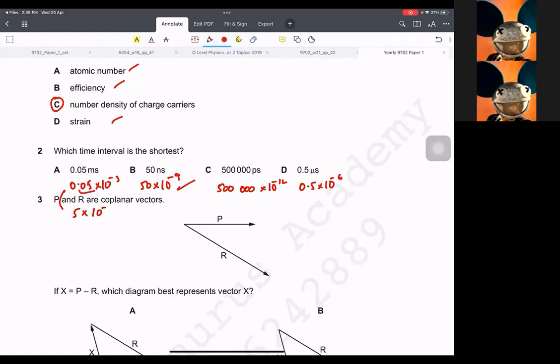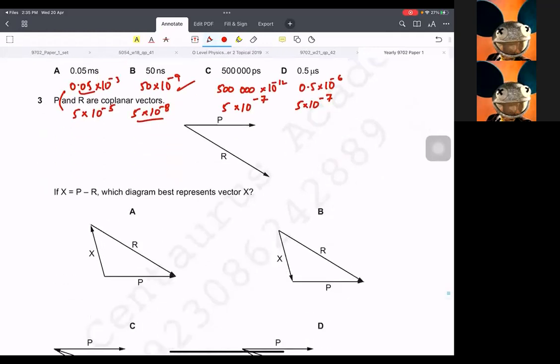No, it will be -5. This will be 5 into 10⁻⁸. This will be 5 into 10⁻⁷. And this will be 5 into 10⁻⁷. So this has to be the smallest.